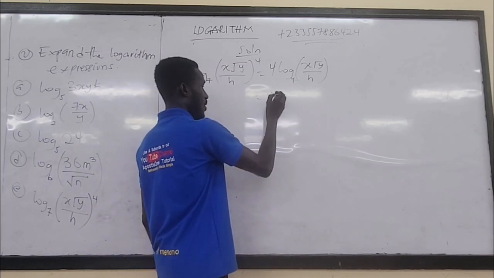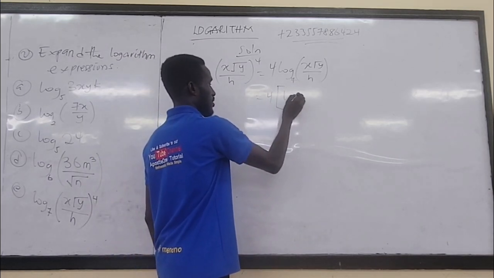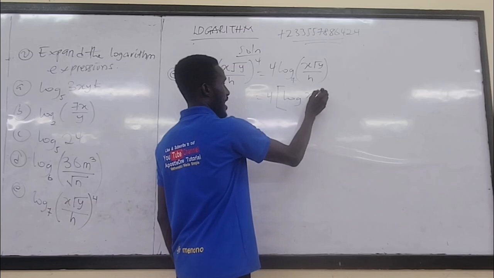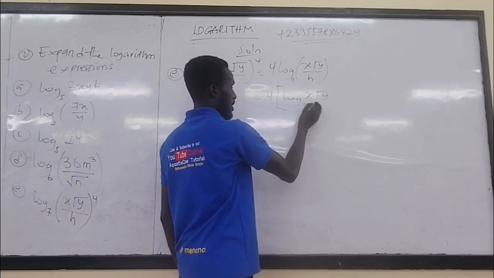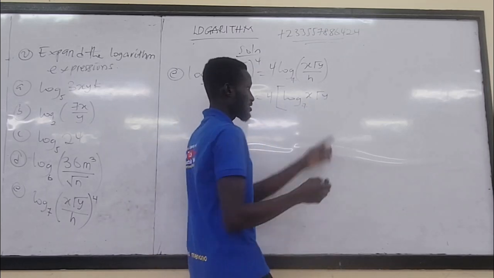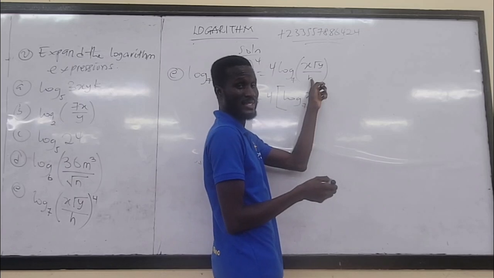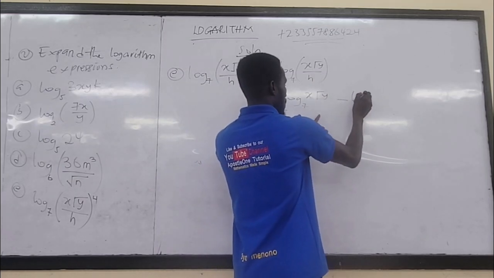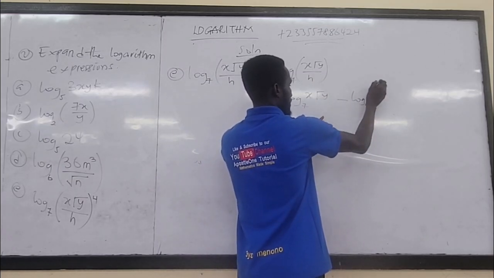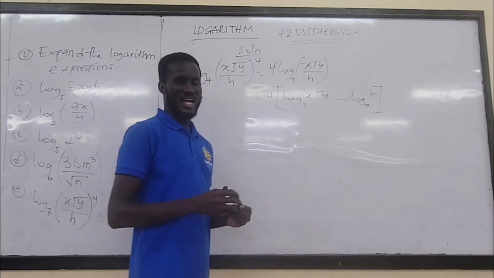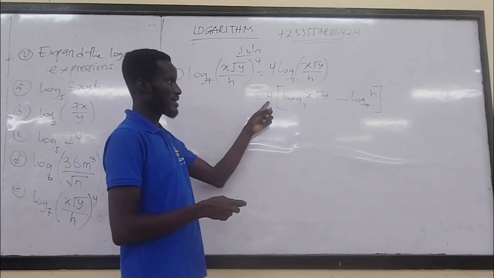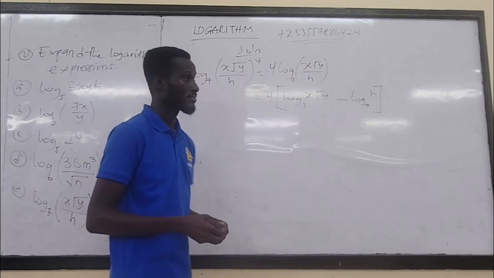So we have 4 log x root y. Division means subtraction. So divided by the denominator, which is the h. So minus log h base 7. I need to put it in the bracket because the 4 is affecting all of them.